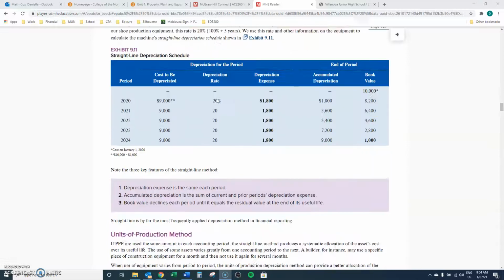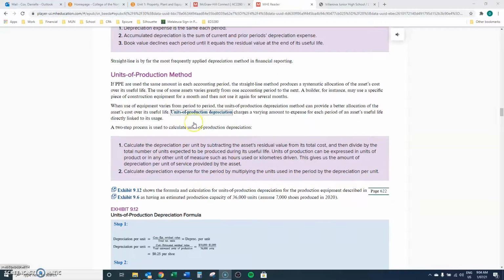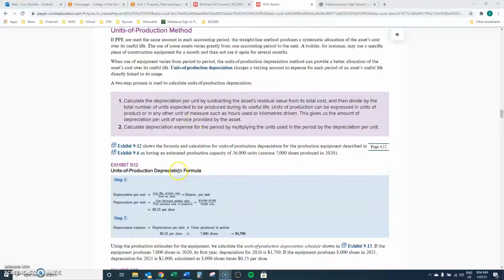I said work through the example. Units of production, you're taking the cost less residual value, dividing it by the total units that the machine is expected to produce, and that gets you a depreciation amount per unit, and then you multiply that depreciation amount by the units that are produced each year.